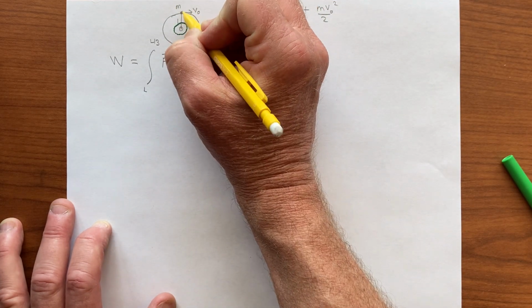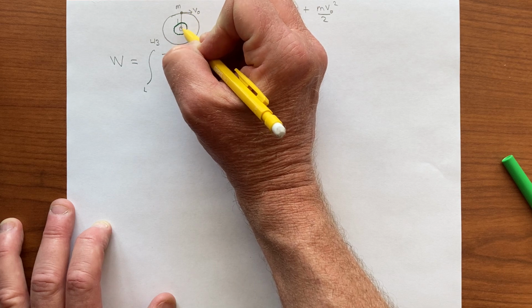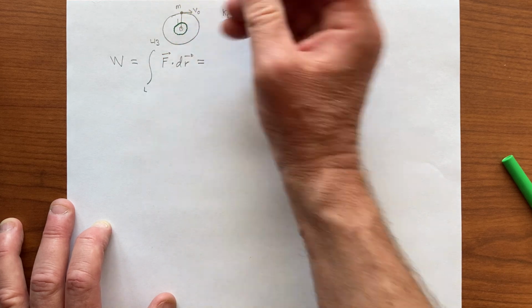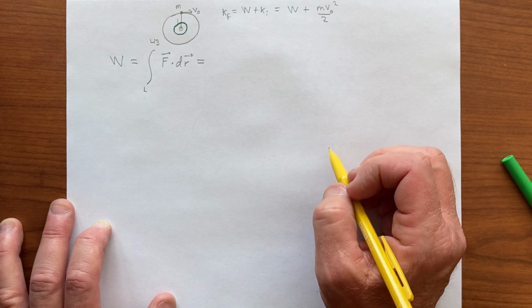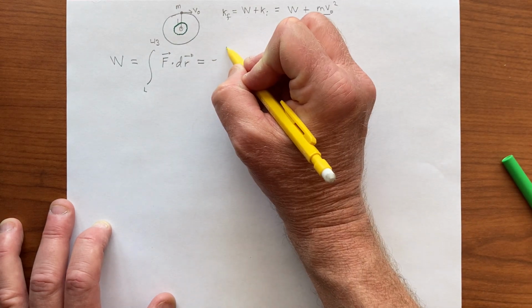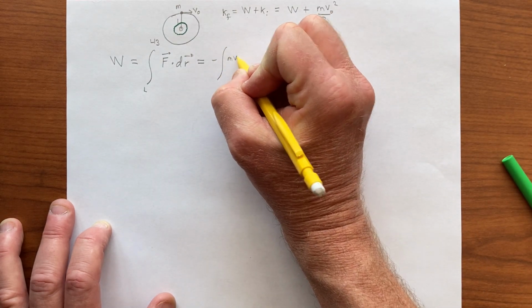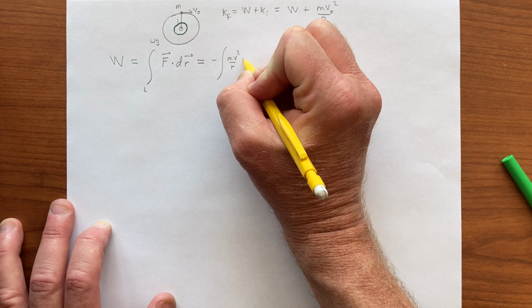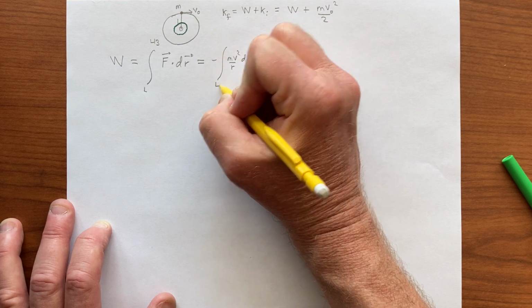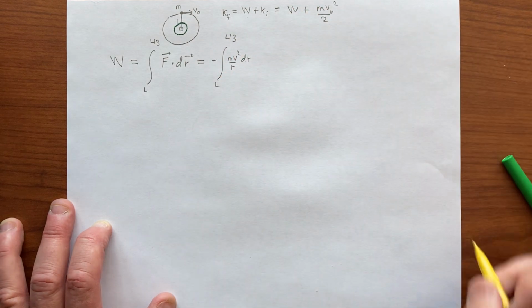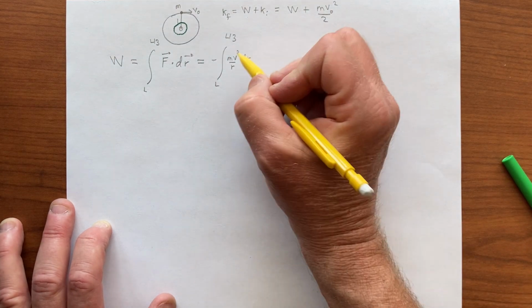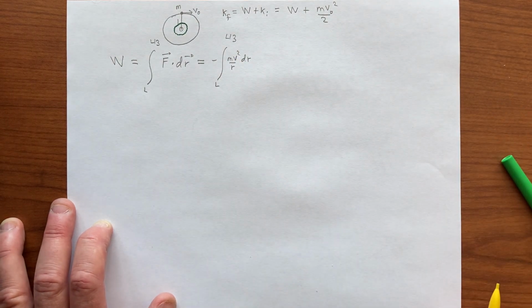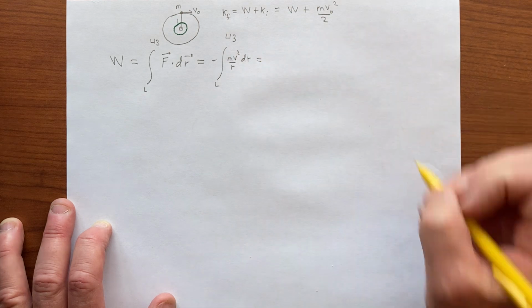But this way is negative: we're moving in the negative direction, pulling in towards smaller values of the radius. So we will be integrating a quantity, which is m v squared over r, in dr from L to L over 3.